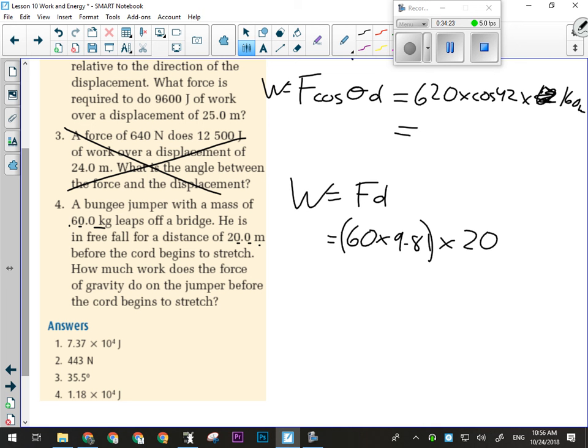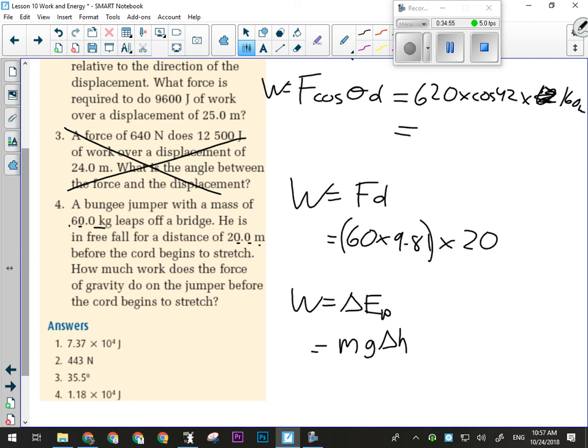All right, we also said that work is a change in energy, right? Gravity is changing his potential energy, agreed? He's going to have less of it after the 20 meters. So could I also do this? Could I use the potential energy formula and calculate the change in his potential energy by using the change in his height, which would be 20 meters?